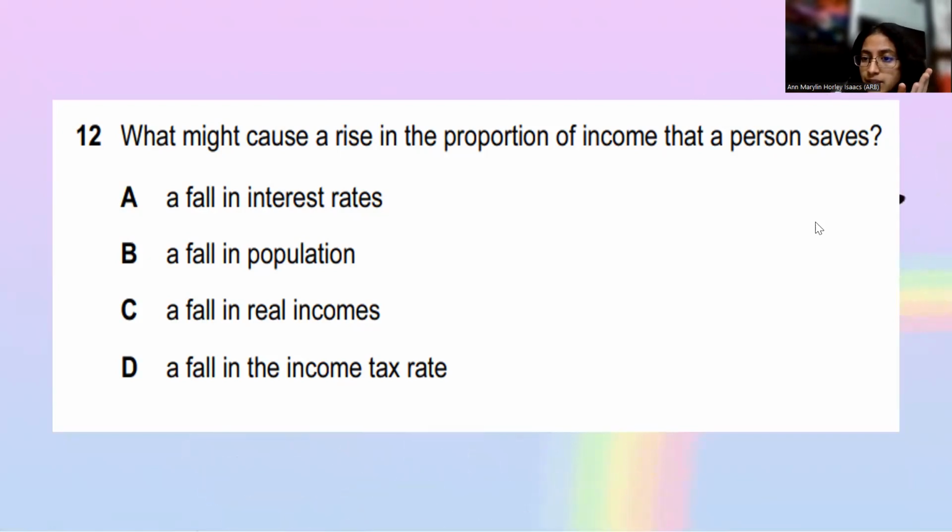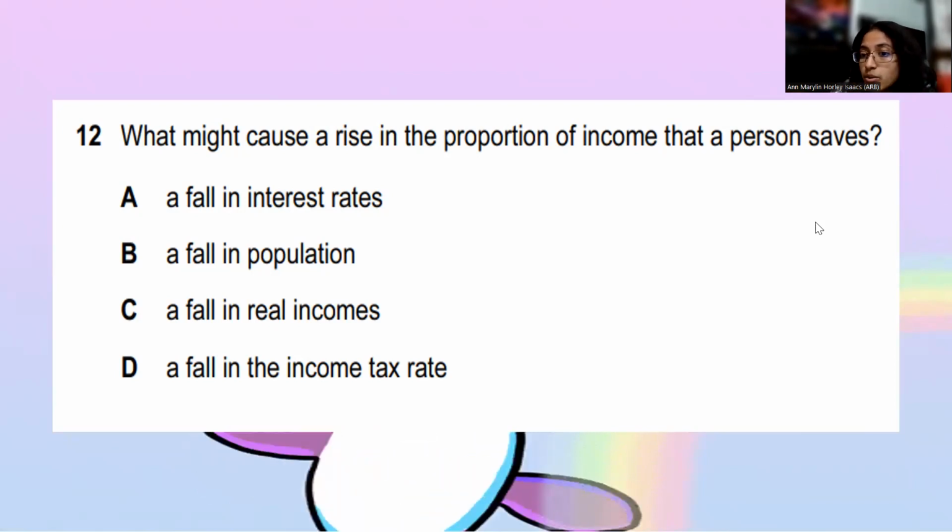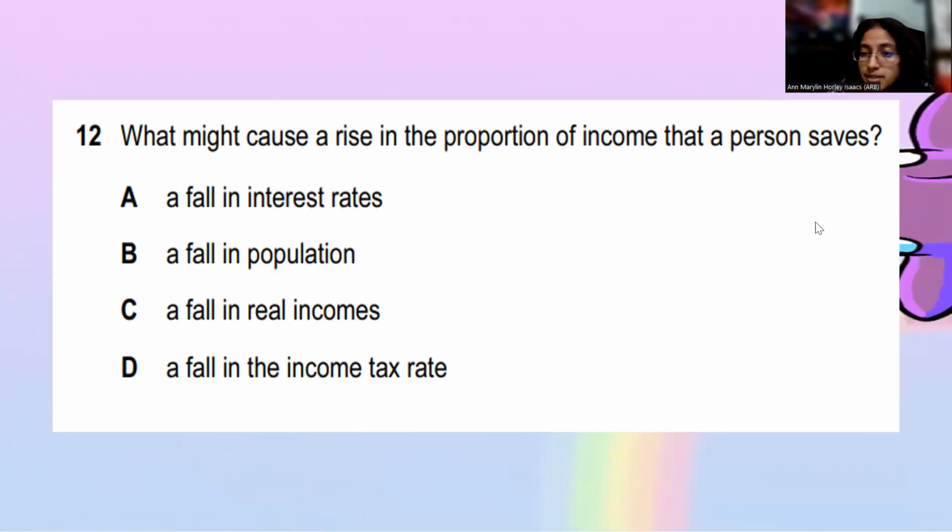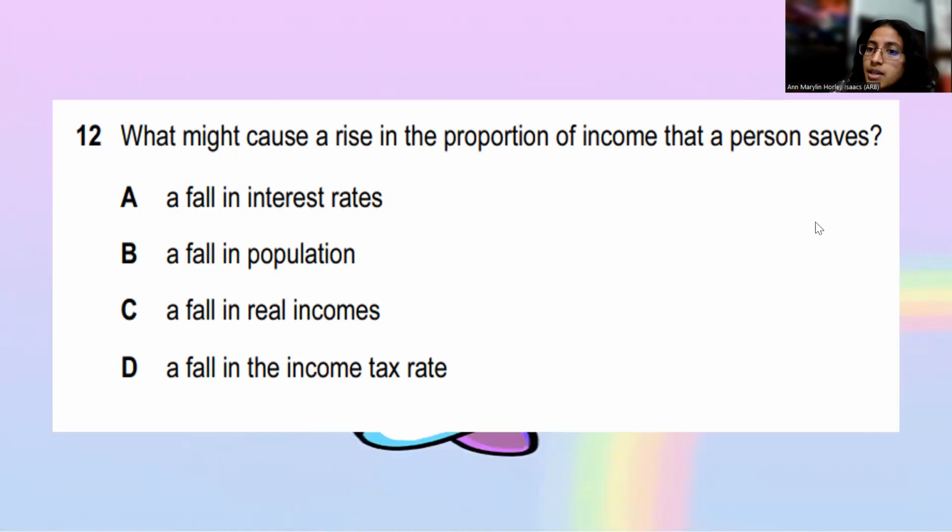If, let's say, there's a loan being offered at very, very low interest rates, you would not save, you would actually take the loan. Think of yourself not as a person for now, think of yourself as a business. If you need to open another factory, you need to buy another lorry, for instance, you would want to save money because you want more money for the future.